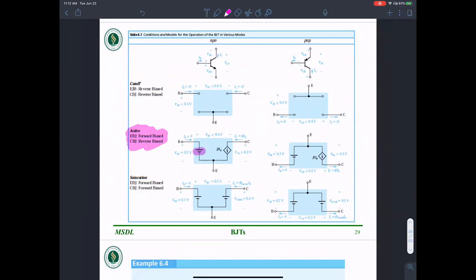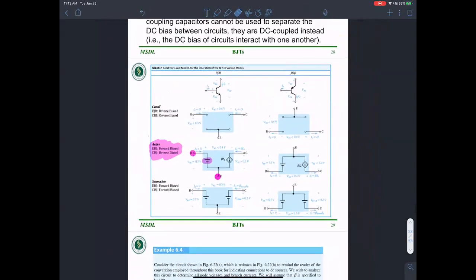There is a 0.7 voltage drop between the base and emitter, and there is a beta times IB multiplication factor from the base current to the collector current. Those are the DC bias models.